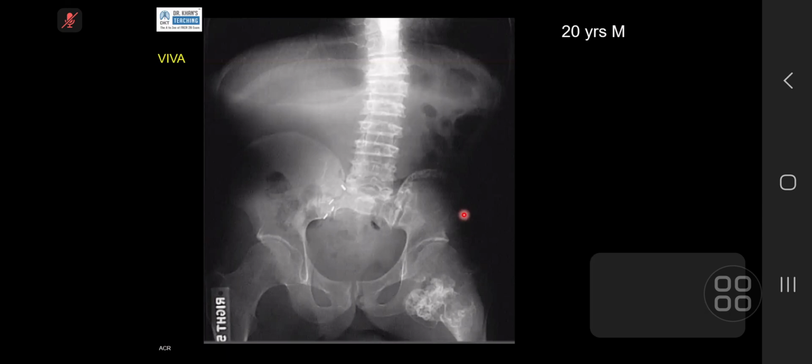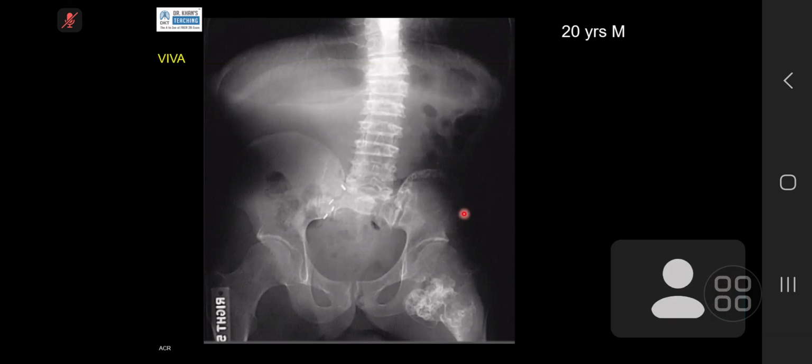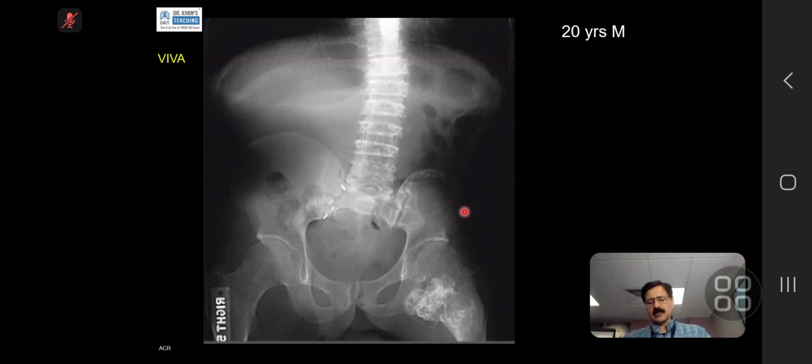No paraplegia, no spinal tumor. Okay, so I will compare also with the previous images to see if this was present before. I will suspect congenital anomalies or disease such as polio if it is present in the images. Nothing like that.